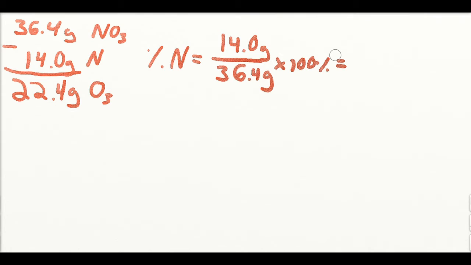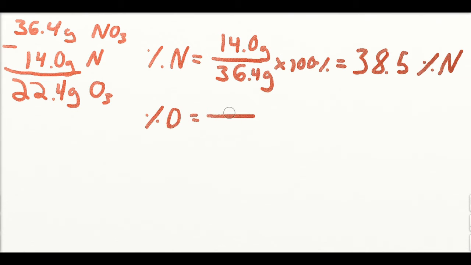So 14 divided by 36.4 times 100 should give you an answer of 38.5 percent for nitrogen. Next is to find the percent of oxygen. So in oxygen, you have 22.4.